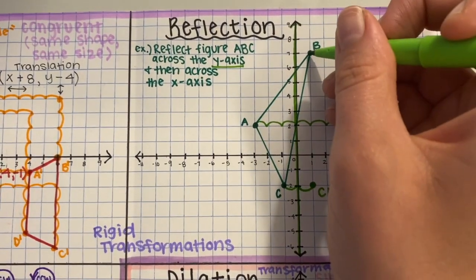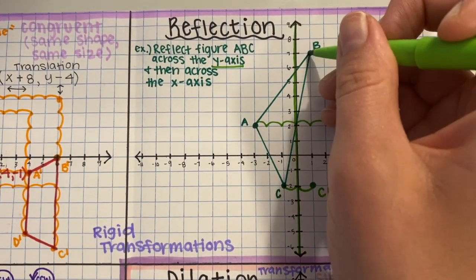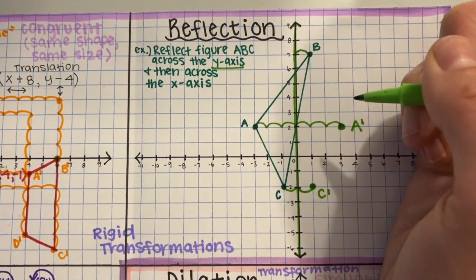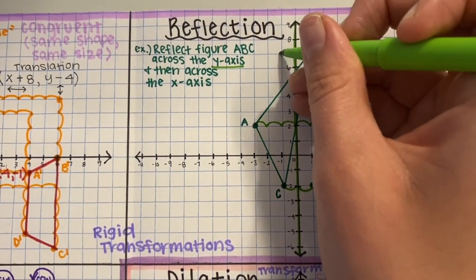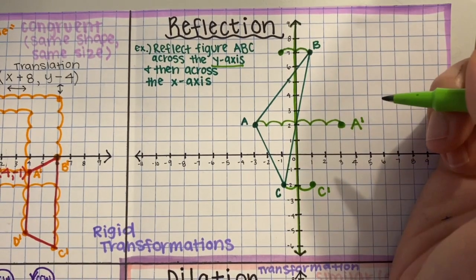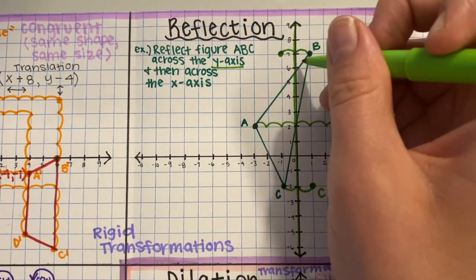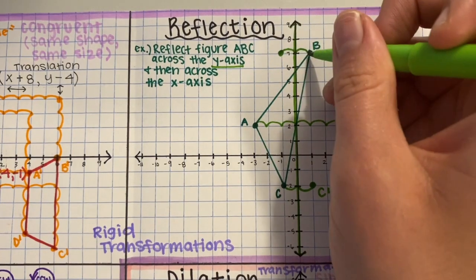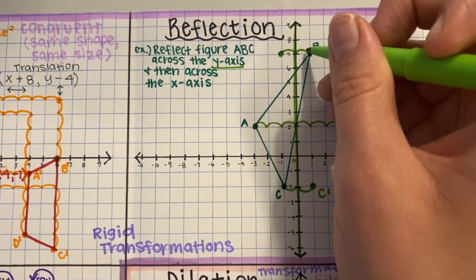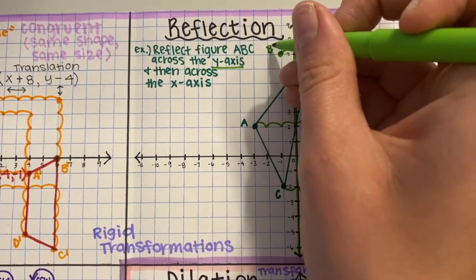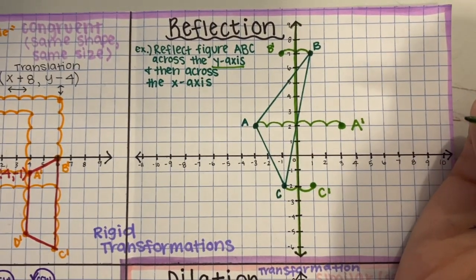So we need to actually just go the other way because it's 1 unit to the right of our y-axis. So we're just going to place B prime 1 unit to the left. You're just always going to the other side than it was before. So B prime, and then I can connect these dots.